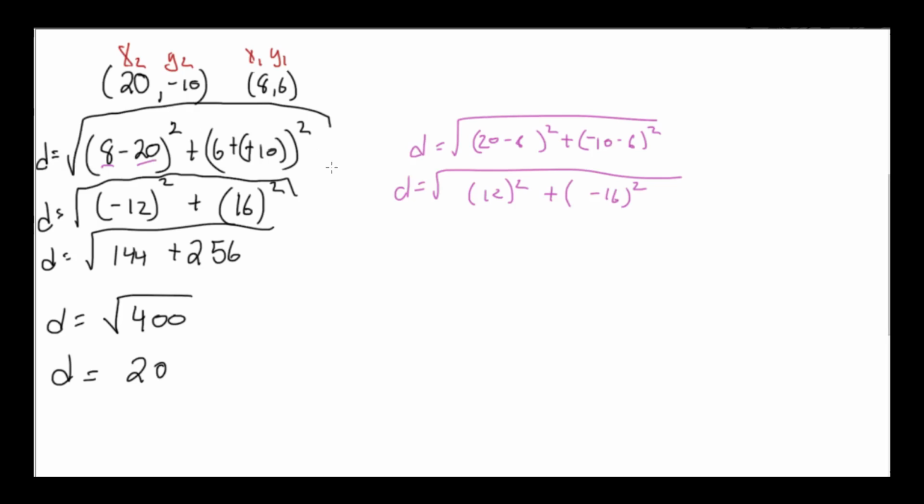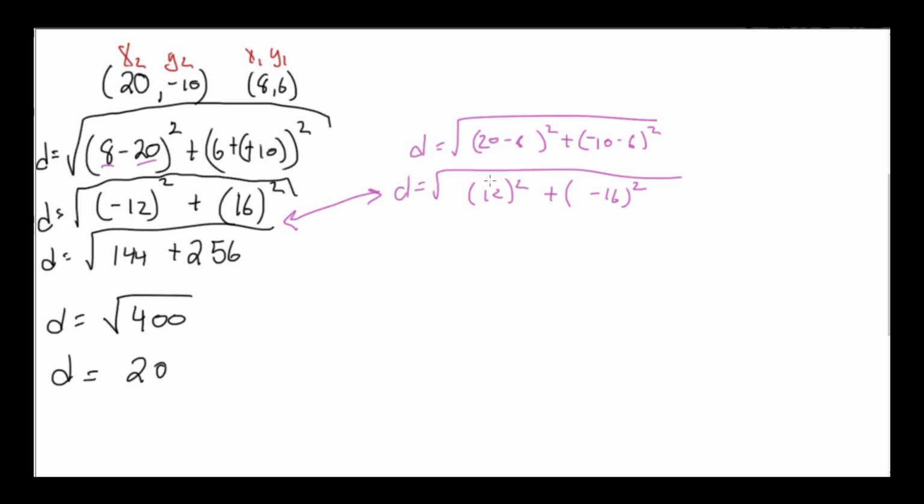Well, look at the similarities here already. Where we had negative 12 in the first one, we now have a positive 12. Where we had positive 16, we now have a negative 16. Well, how's that going to affect our answer? It will not. This is why I said it doesn't matter. As long as you keep the sub 2s together and the sub 1s together, you're going to end up with the same answer every time.